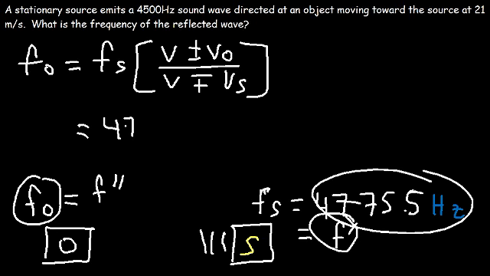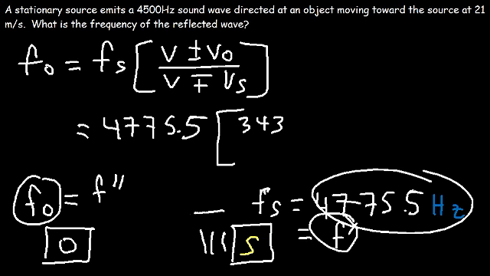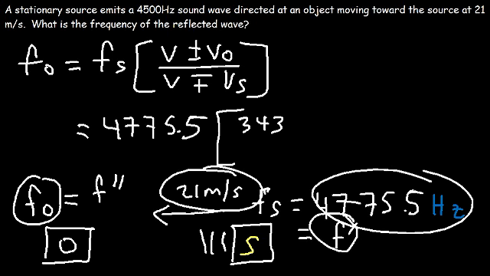So this is the new source, and we're looking for Fo. So it's going to be 4775.5 times V, which is 343. This time, the object is still moving towards the original source at 21 meters per second. But in this problem, we're going to treat this as if it's the source for the second part. So we're going to focus on the bottom portion of the equation.